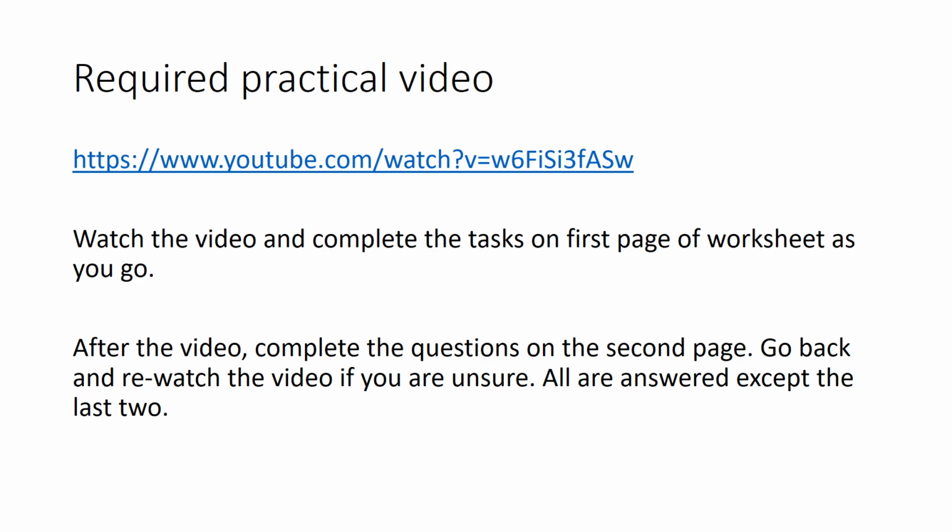Now, for the first page, it asks you what the independent and dependent variables are. That is not mentioned on the video, so you are going to have to work that out. The independent variable, remember, is the variable that we change in an investigation, and we only ever change one thing. The dependent variable is what we are measuring in the investigation.